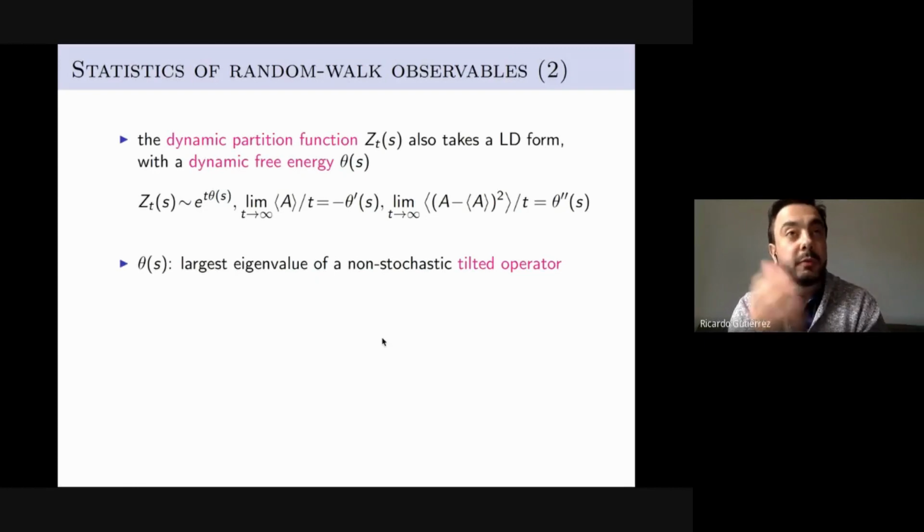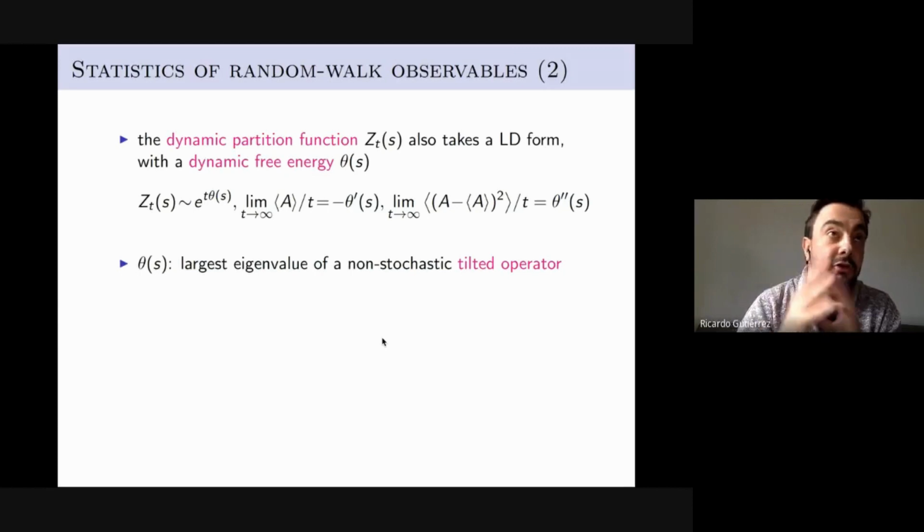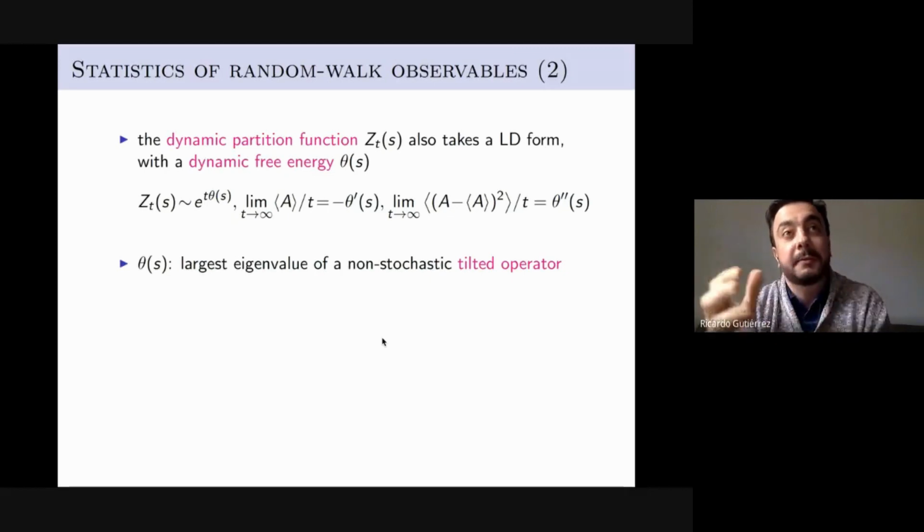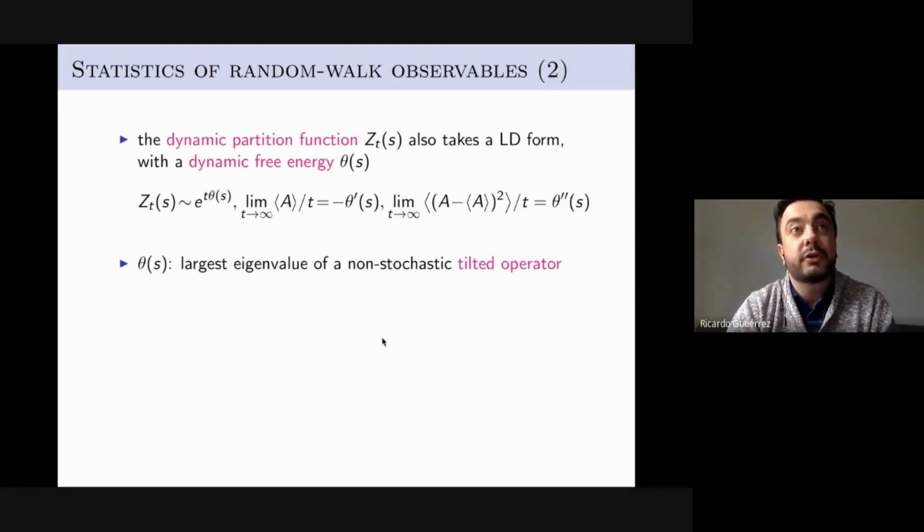It turns out that when you perform this tilting on the probabilities, you can see the dynamics as given by another operator, which is not the original transition matrix of your random walk, but has somehow been varied by this parameter S. And from that, in all these different ensembles that I mentioned, you can extract the scaled cumulant generating function, from which you can obtain the statistics of the observable.